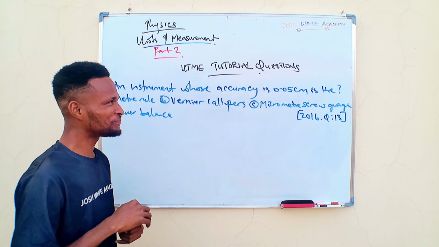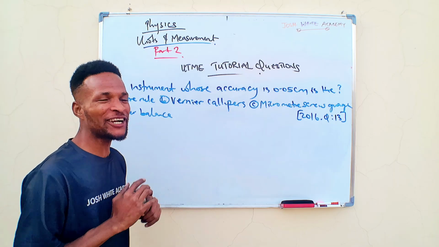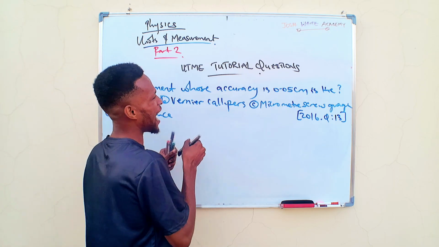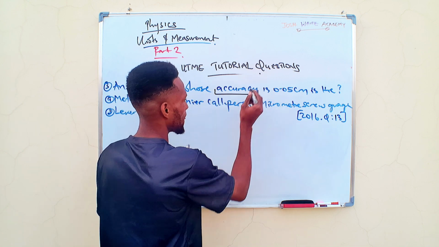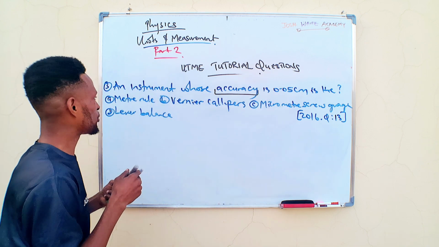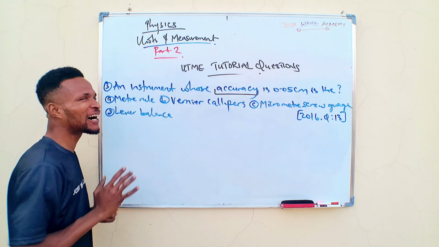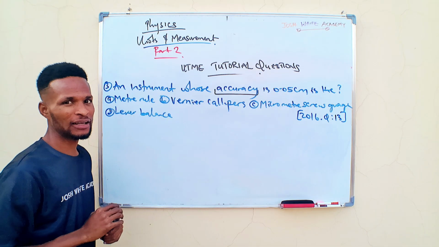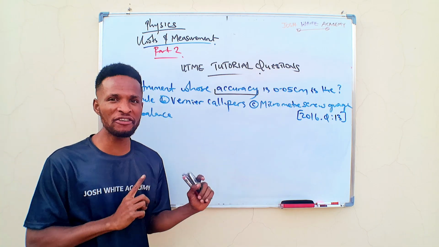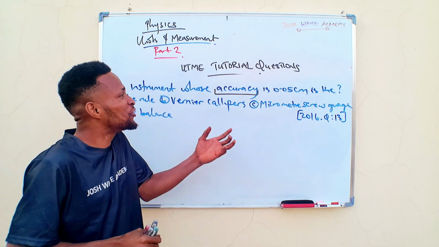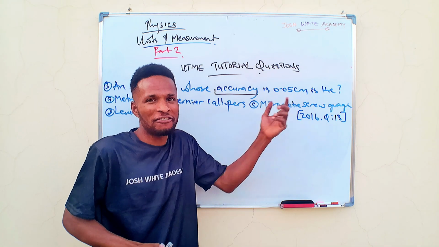Now, in this question, we must take note that this term is written accuracy, because most students may think it's meter rule. Please take note, from what I said previously, it's not that the measuring accuracy of a meter rule is 0.05.